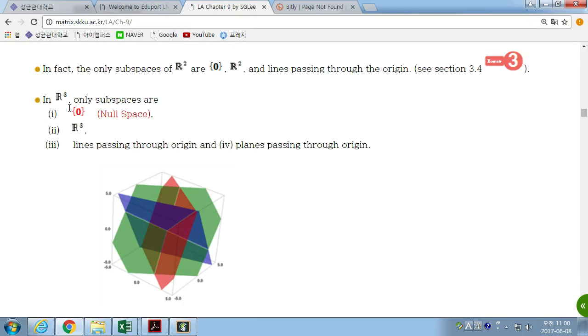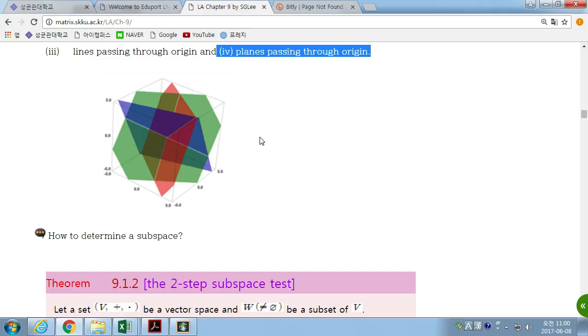We have the three-dimensional space R3 and two trivial subspaces of dimension 0 and dimension 3, and subspaces of dimension 1, which are lines passing through the origin, and of dimension 2, which are planes passing through the origin. Okay? So that's what we have learned.